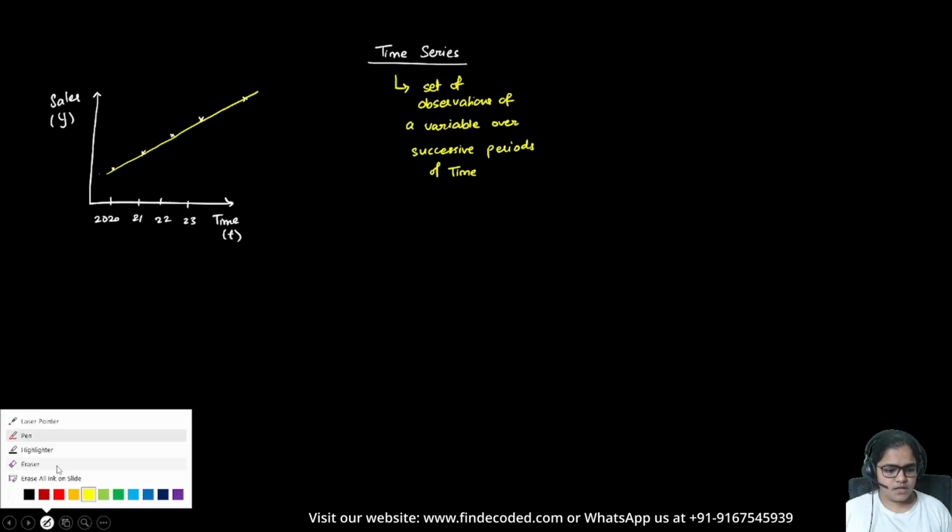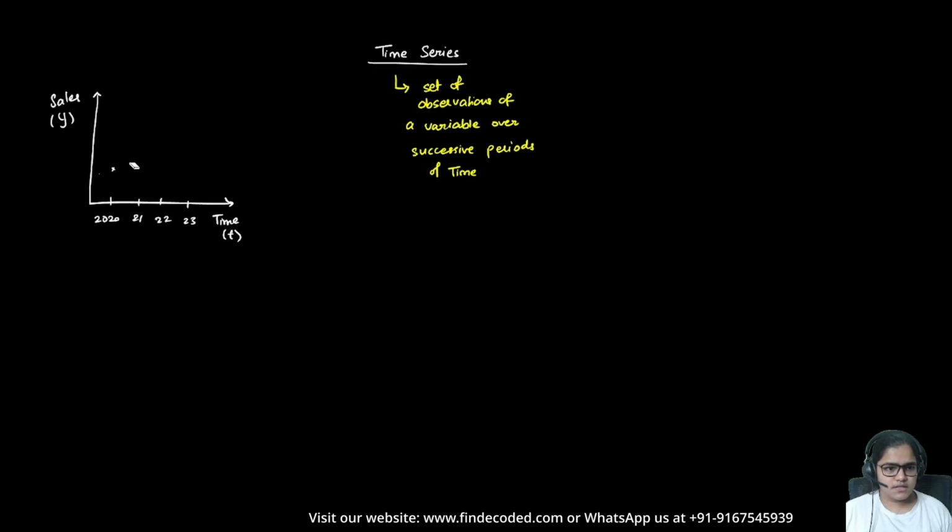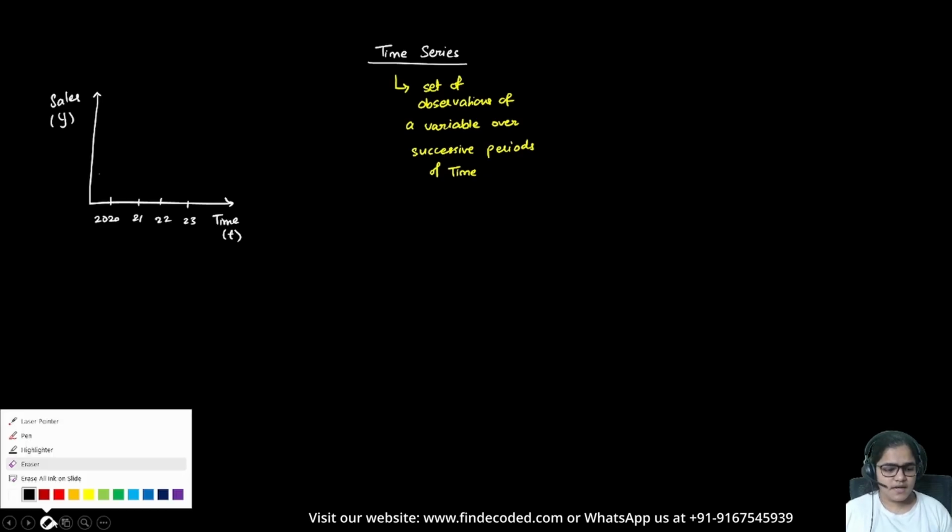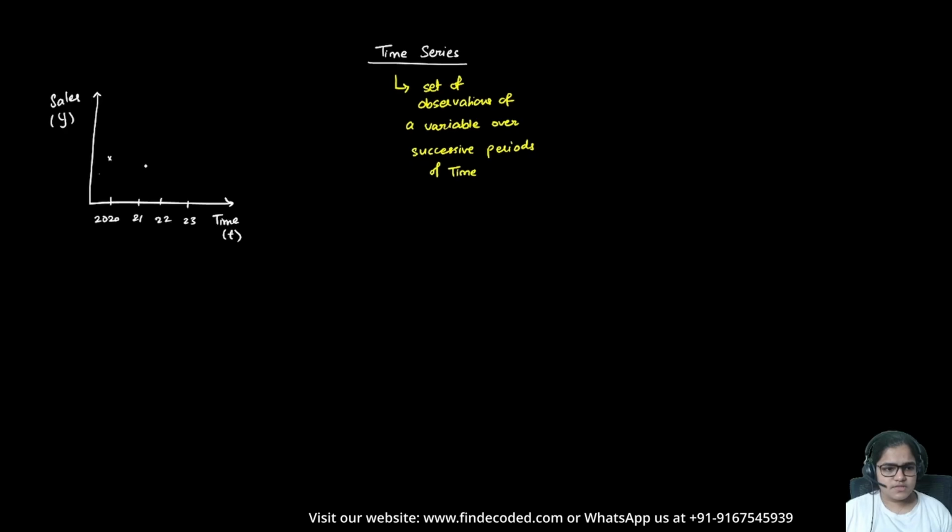Like I was mentioning, we can have this at a yearly level, a monthly level, or a quarterly level, and then I plot all the values that I have, which can look like this, like this, like this. Basically, all the observations of sales which I have over successive periods of time.